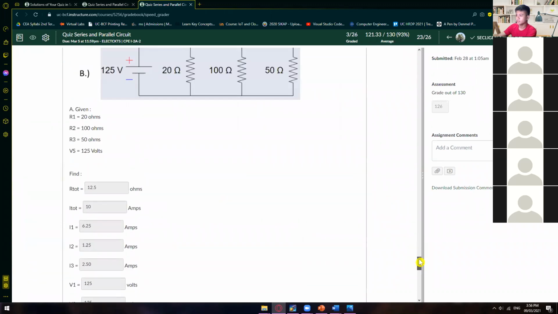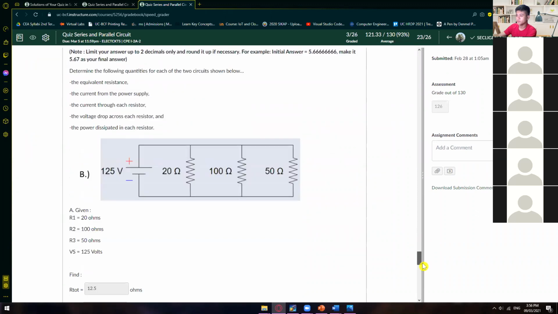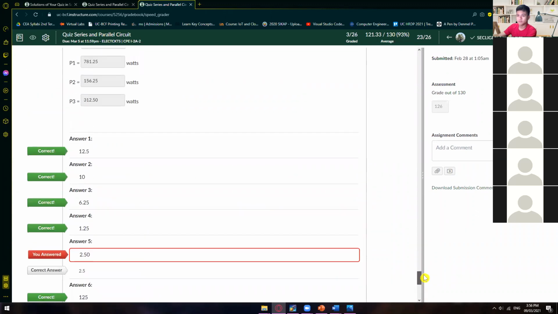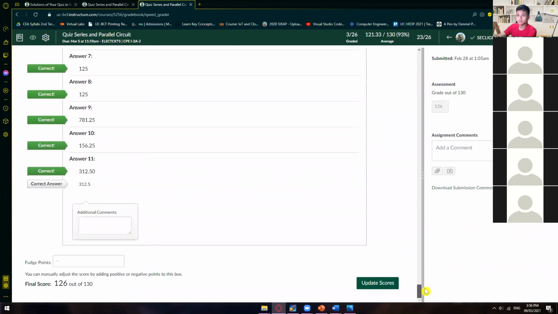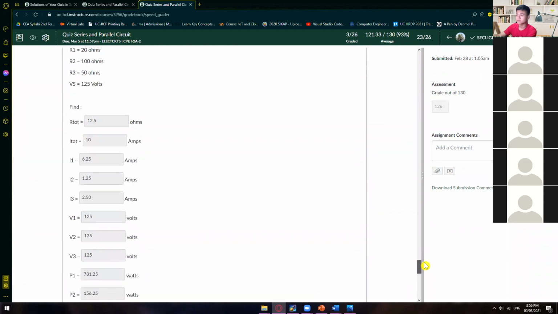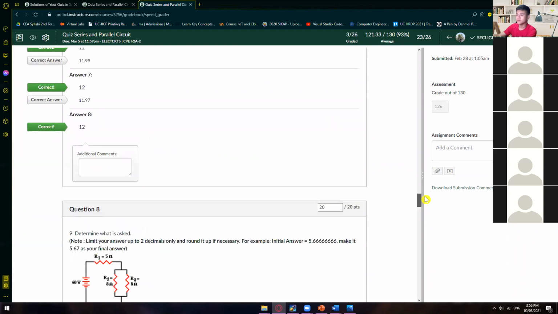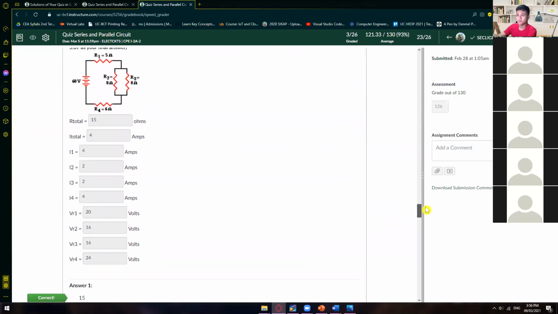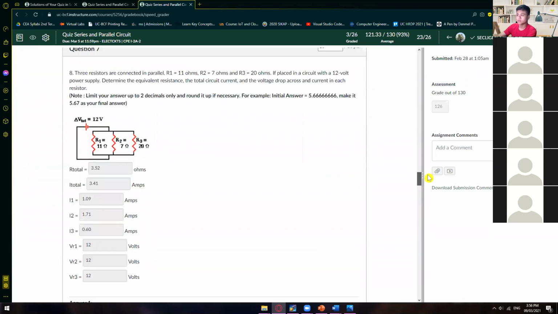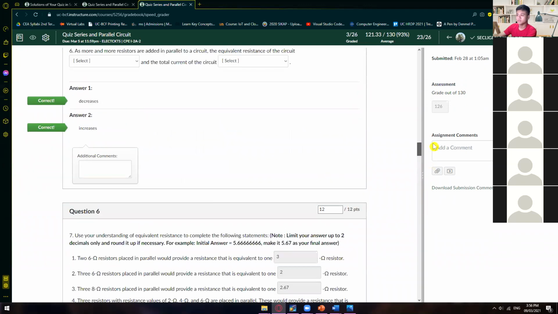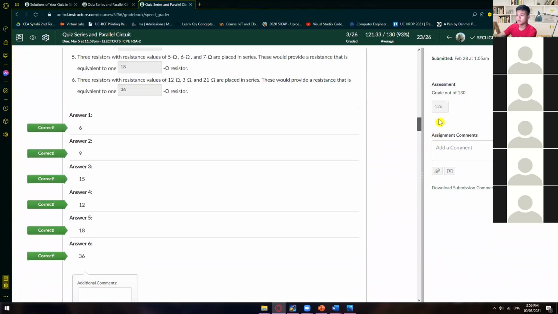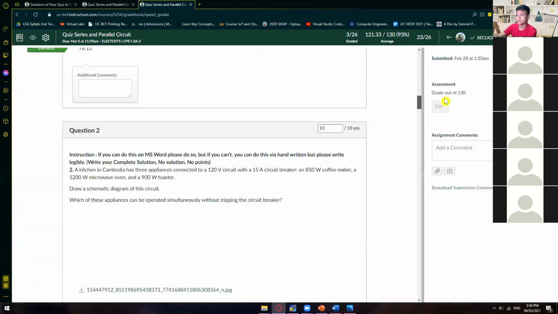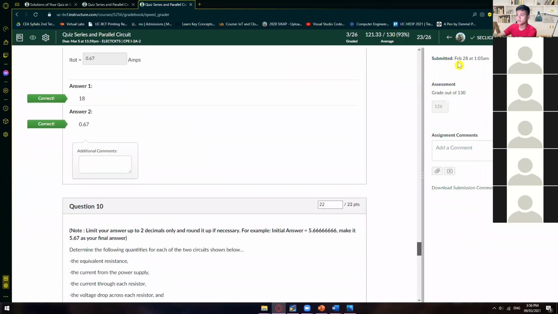I guess I have already checked this one also. 22 points. 22 out of 22. 20 out of 20. 16 out of 16. 12 out of 12. 4 out of 4. 4 out of 4. 12 out of 12. 10 out of 10.